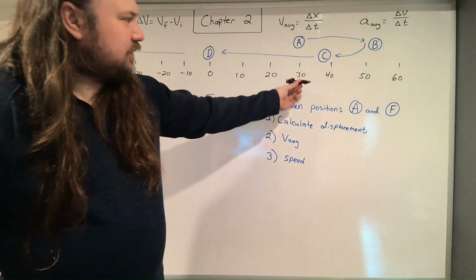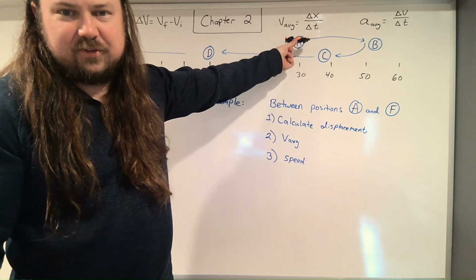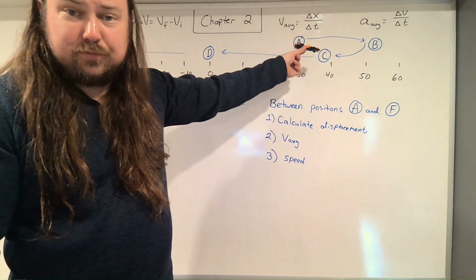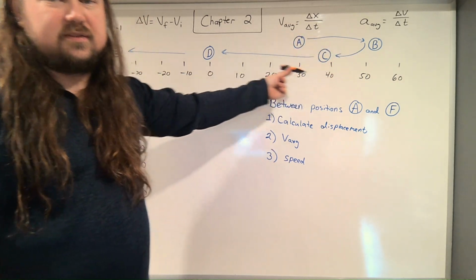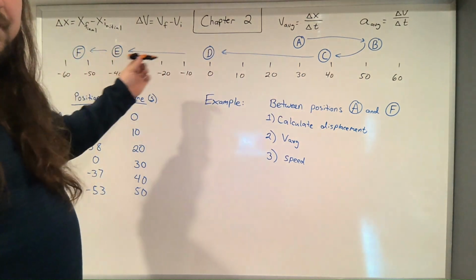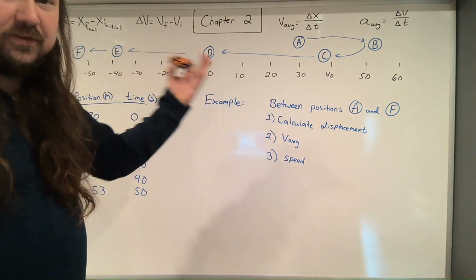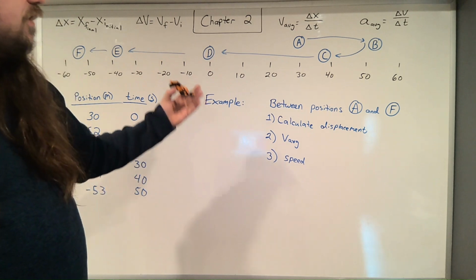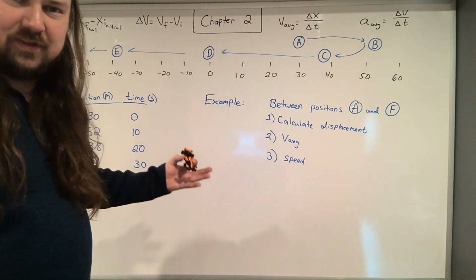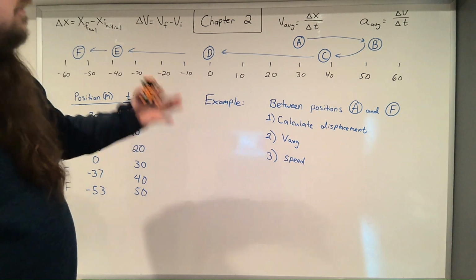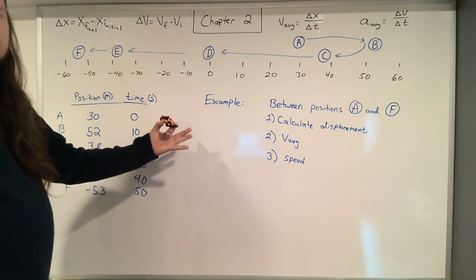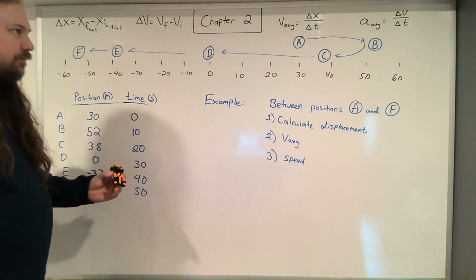I want that car to start at position A, and then it's going to move to position B and C and D and E and F. How it moves, and the positions and the times at which it moves, will make up the questions that we have. So this is the given part of the question, and then we're going to ask questions about it.